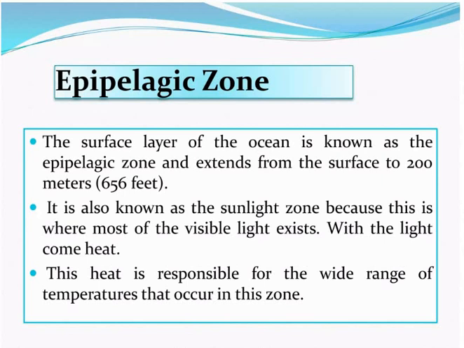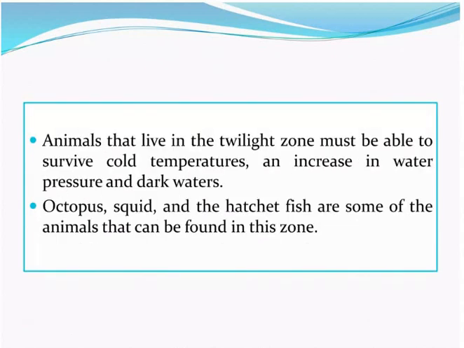And this heat is responsible for the wide range of temperature that occurs in this zone. So animals that live in the twilight zone must be able to survive cold temperature, an increase in water pressure and dark water. Octopus, squid, and hatchet fish are some of the animals that can be found in this zone.